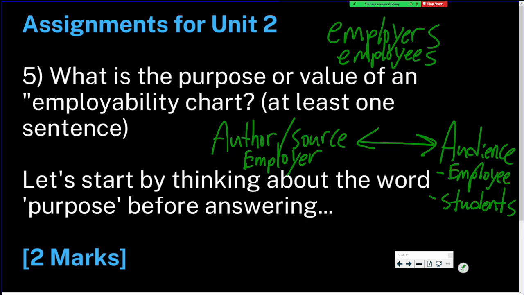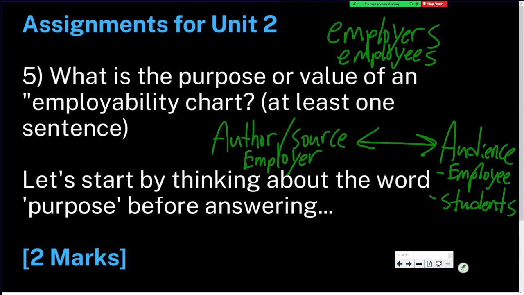Are you trying to train people? Are you the person who's being trained? Are you a teacher who's trying to teach students? Are you running a chamber of commerce and trying to develop skills? Are you running a co-op program for students? So I would just think about things like that.